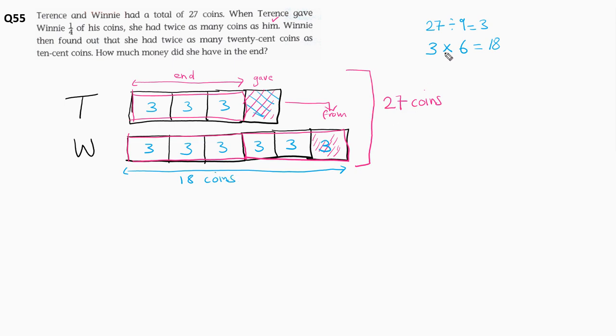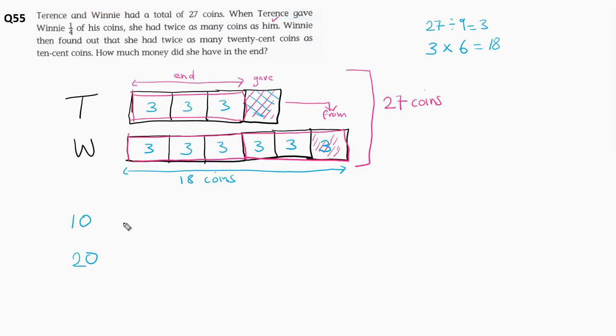So what are we told now? Winnie then found out that she had twice as many 20-cent coins as 10-cent coins. And we're asked how much money did she have in the end? So we could draw a model, with 10-cent coins and 20-cent coins.